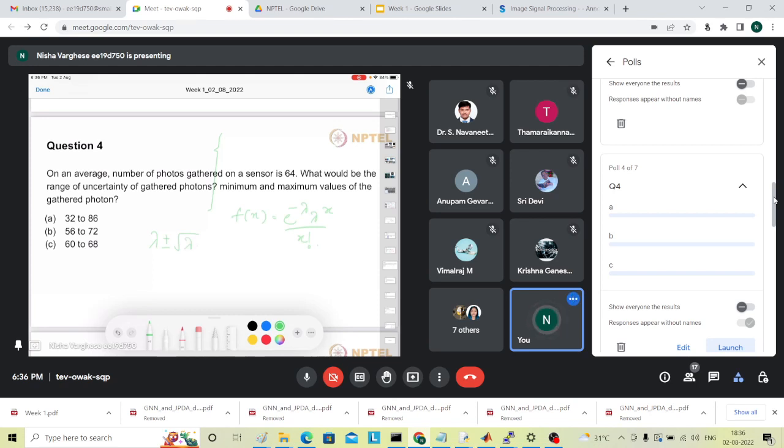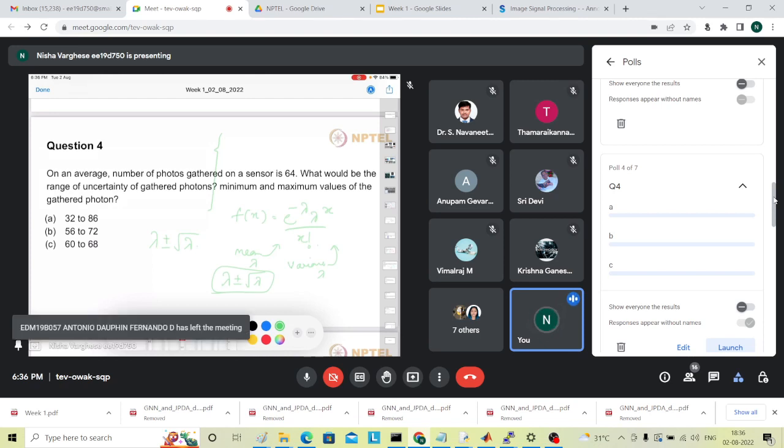It was derived that the mean of this distribution is lambda, and the variance is also lambda. Then the uncertainty will be the mean plus or minus root lambda. So the photon's arrival can be from lambda minus root lambda to lambda plus root lambda.